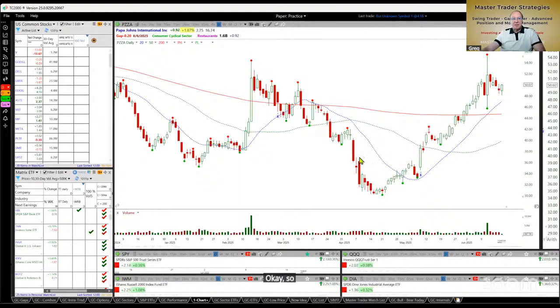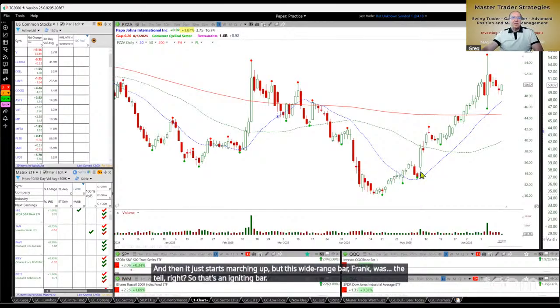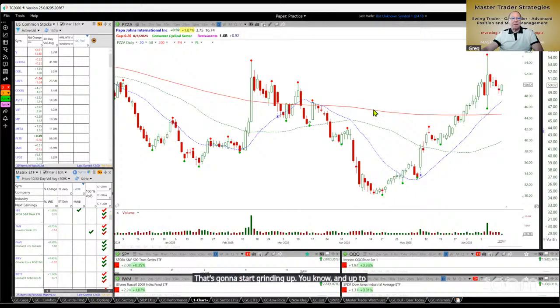So this downtrend, I don't even know what to call this, because this is a downtrend, and then it just starts marching up. But this wide range bar, Frank, was the tell, right? So that's an igniting bar that's going to start grinding up, and up to this, it just corrected for a while and it kept going. So no, that is not a head and shoulders pattern at all.